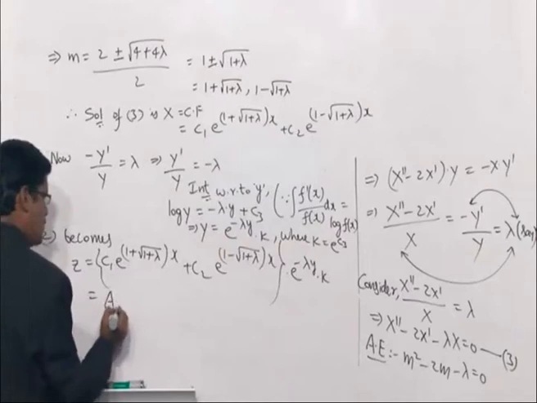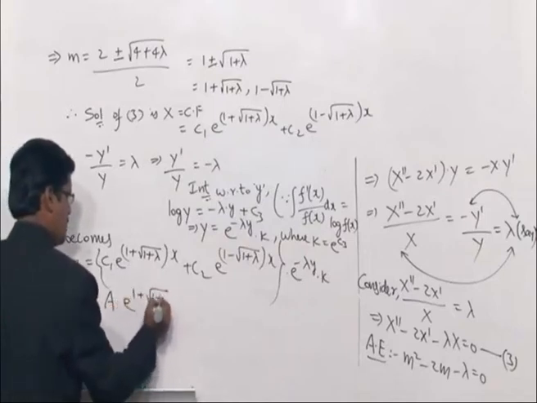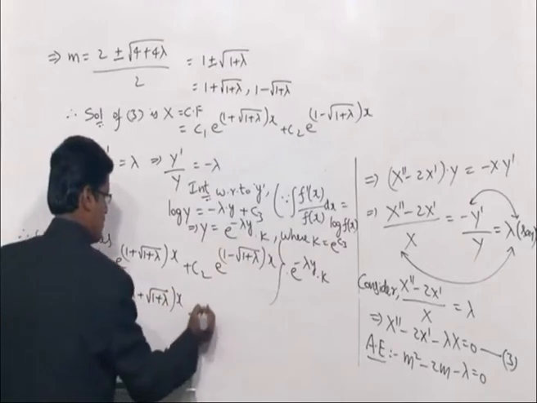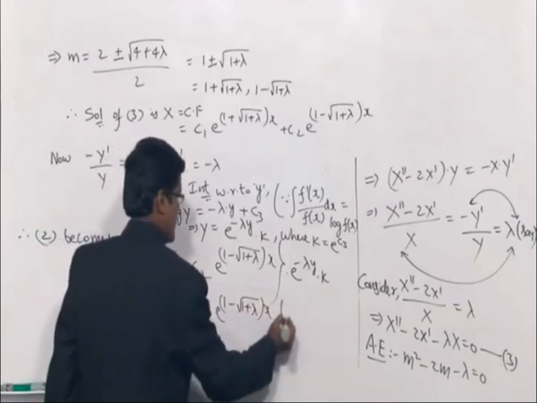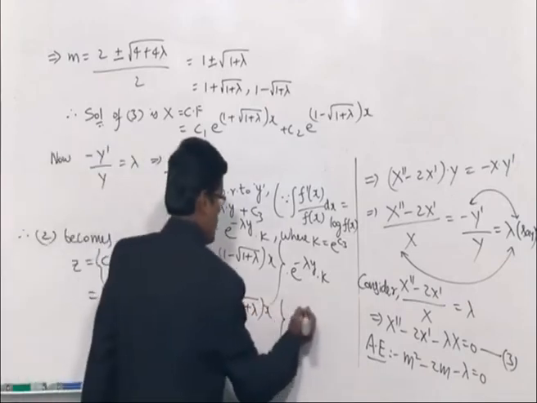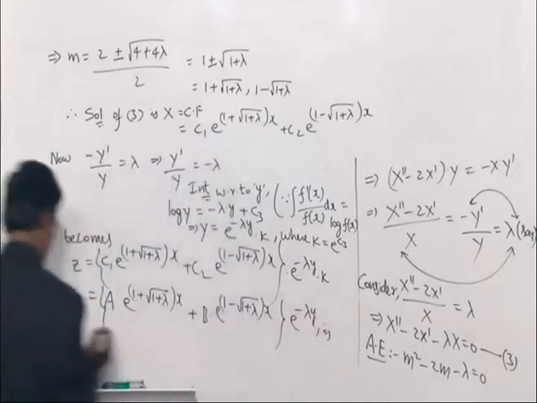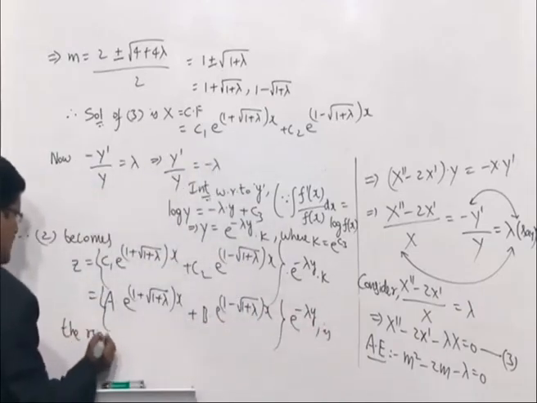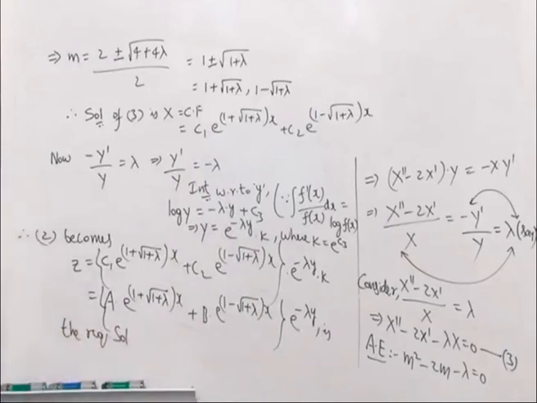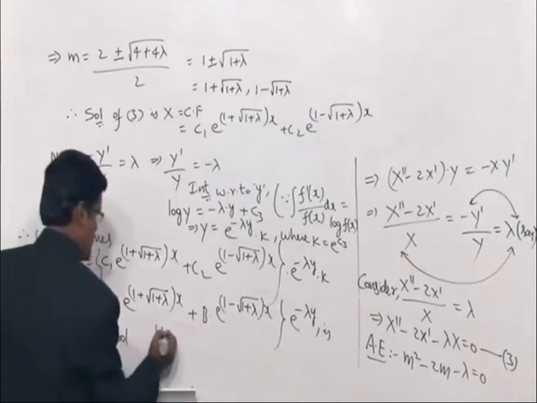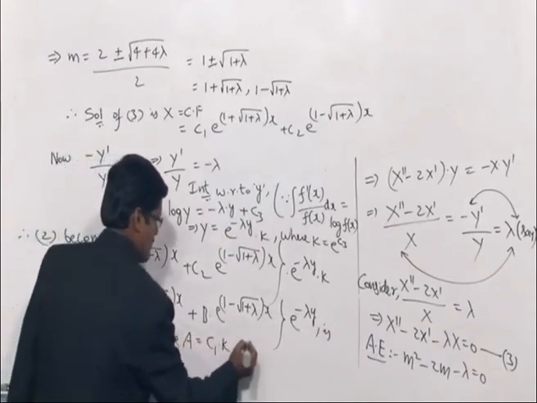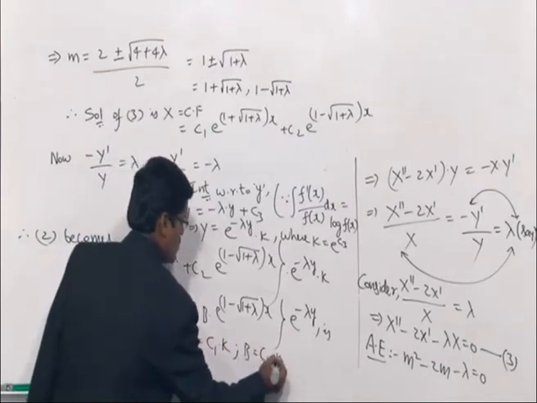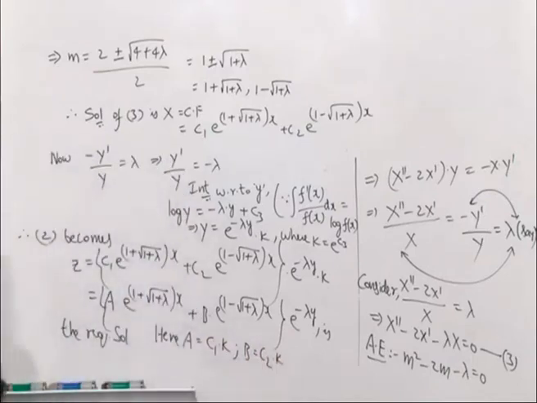This is equal to a into e power 1 plus root over 1 plus lambda times x plus b times e power 1 minus root over into x, whole multiplied by e power minus lambda y, is the required solution. Here a is equal to c1 into k, b is equal to c2 into k. The product of constants can be written as another arbitrary constant, because it is a second derivative problem, two arbitrary constants.